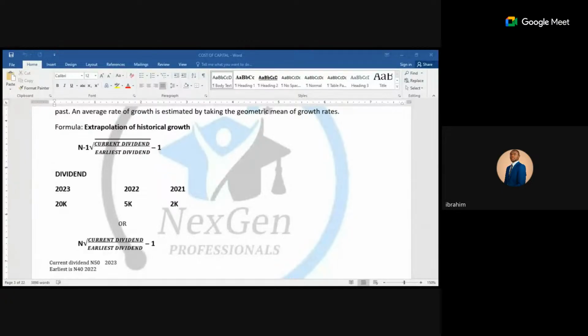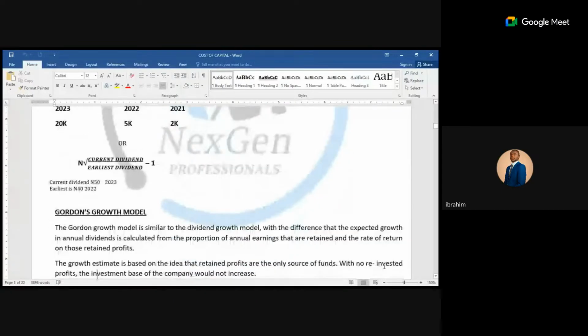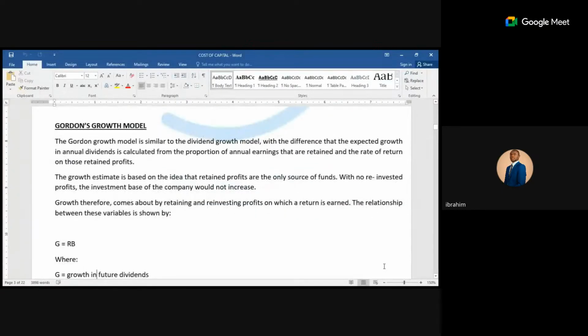Now, the Gordon's growth model is a method of estimating growth rate. Now, class, if you want to estimate growth rates, using either extrapolation or Gordon, the question will point which of these you are to use.